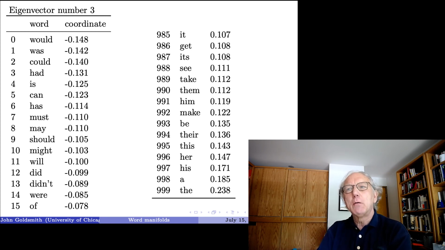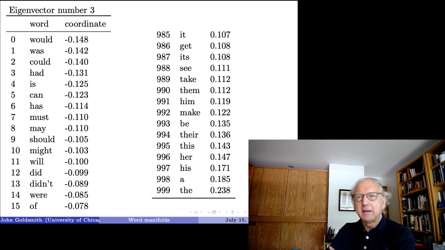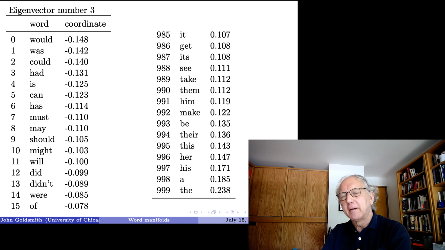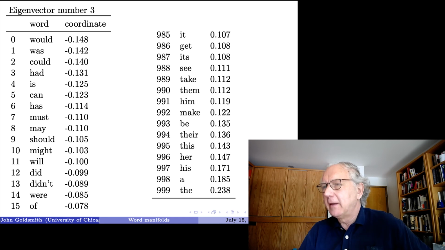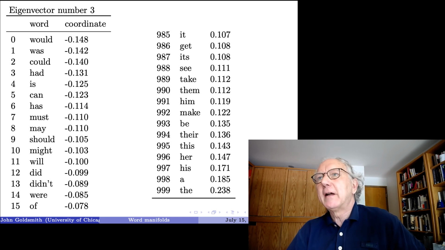They're also, perhaps more importantly, the words that can be followed by not: I would not, I was not, I could not, I had not, he is not, he cannot, and so forth. So there are a number of distributional characteristics that this analysis is saying are important. At the other end, we have the, his, her, this, their. So these are once again our prenominal determiners, followed by some non-zero forms, some infinitival forms.